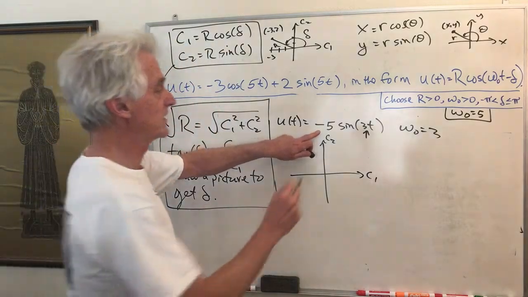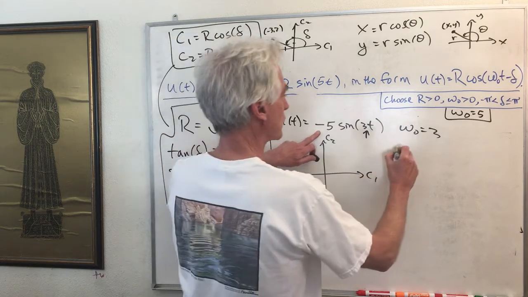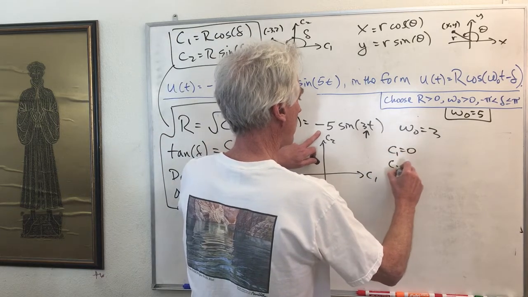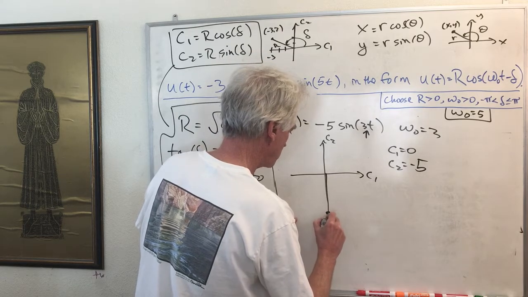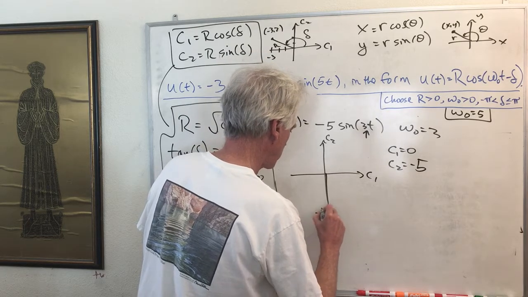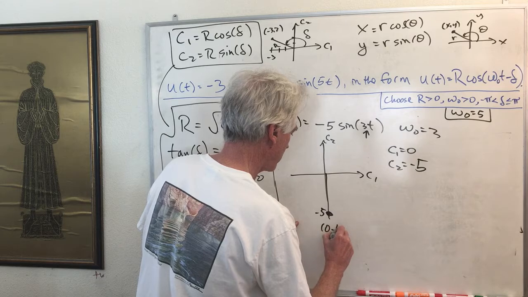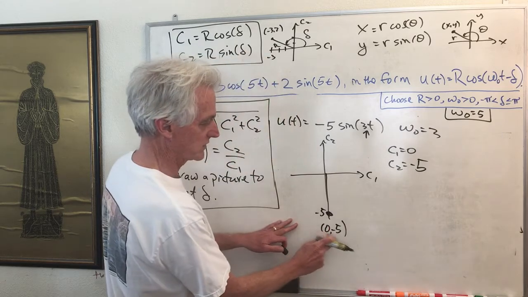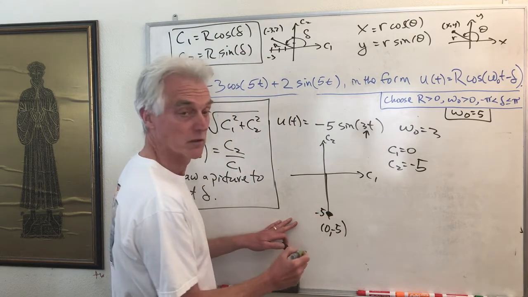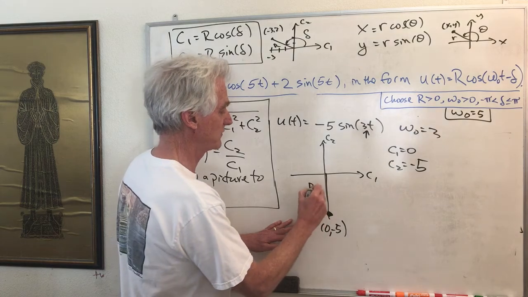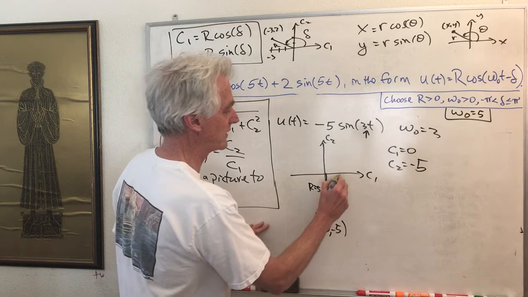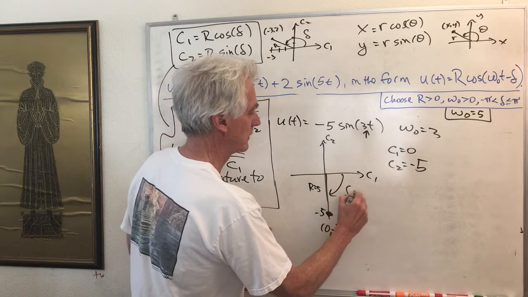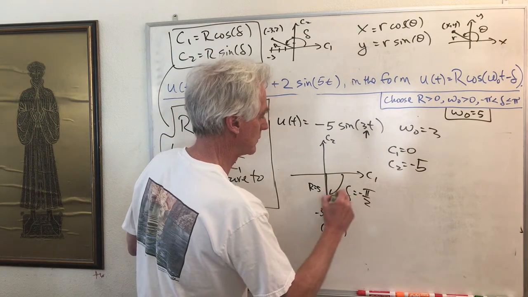I don't see any cosine terms, so that means that C1 is 0 and C2 is negative 5. So that means I got this point here at 0, negative 5. So what's R? Well, R is 5, right? R is the distance from the origin to that point. And then delta here is minus pi over 2.